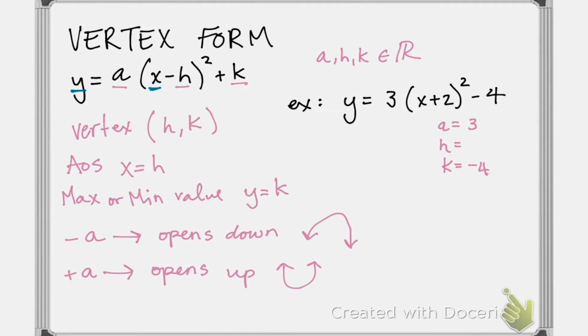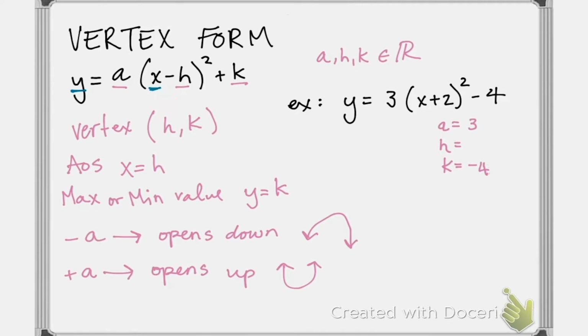Okay, now h is different. Everybody gets this confused, always, so please pay attention. Right there. Okay, h, if you look at the formula here, that has an x minus h. So the formula is negative.